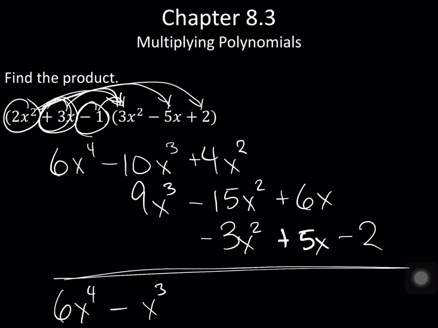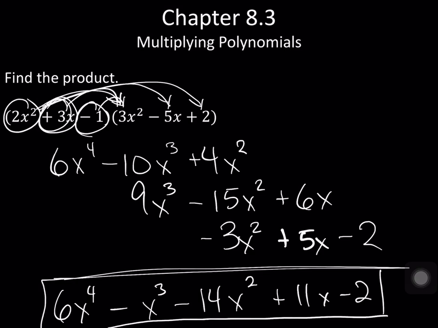Now we've got a positive 4, a negative 15, and a negative 3. So when all that gets combined together, we should end up with a negative 14, and the x squared doesn't change, plus 11x minus 2. Everything is combined together, and I'm still in standard form.